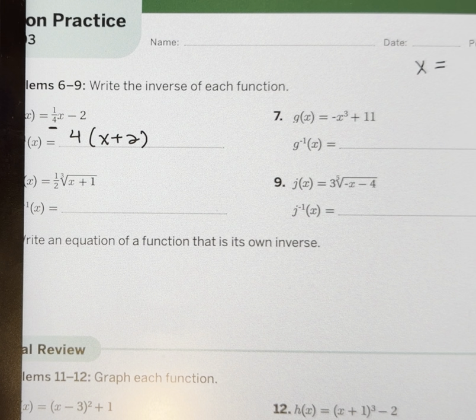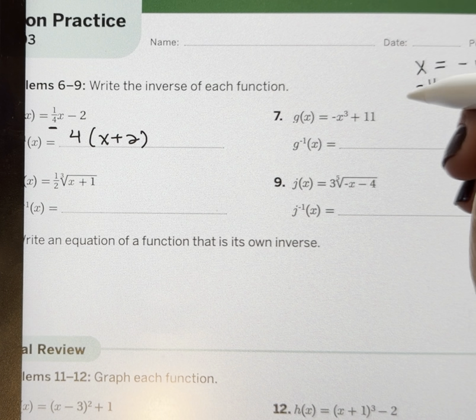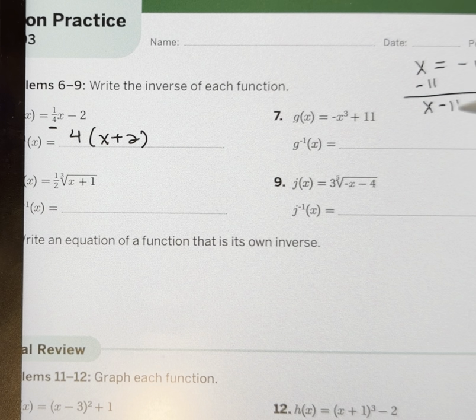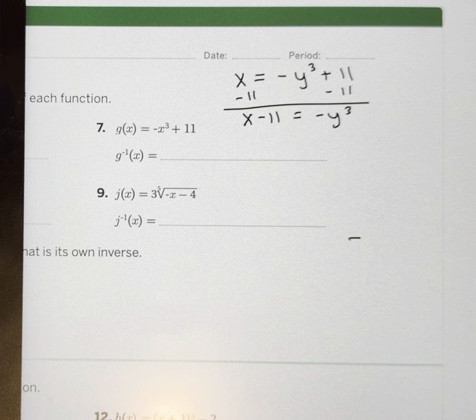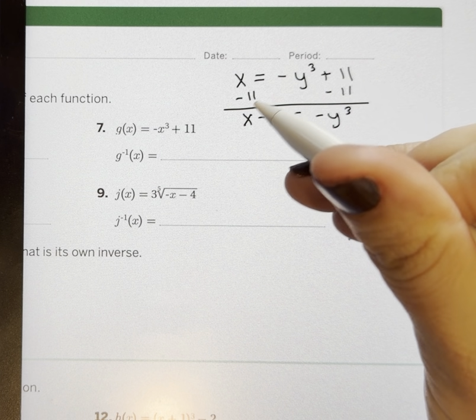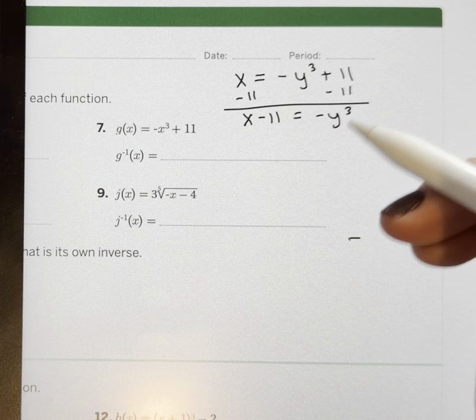We'll switch the x and y. X equals negative y cubed plus 11. First thing I must do is subtract the 11. X minus 11 equals negative y cubed. The next thing in the way is that negative 1.